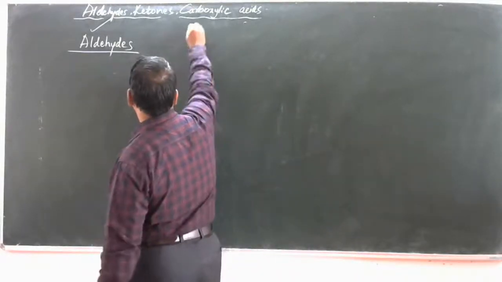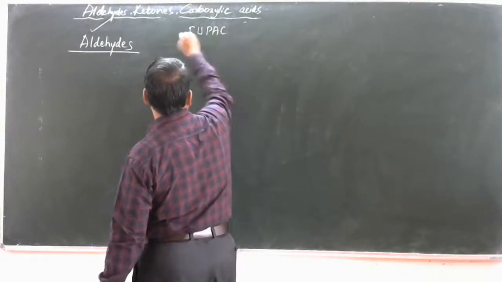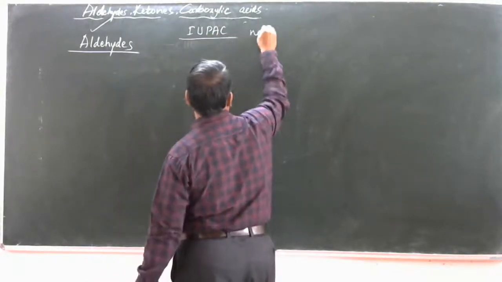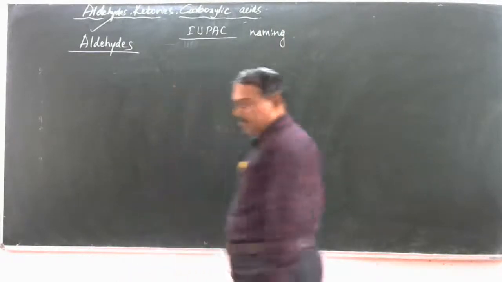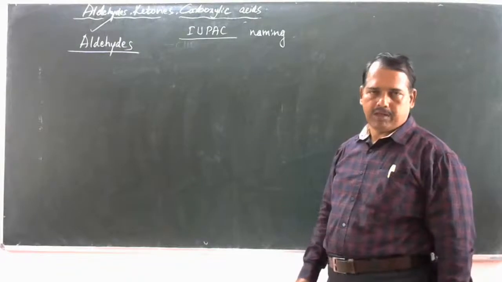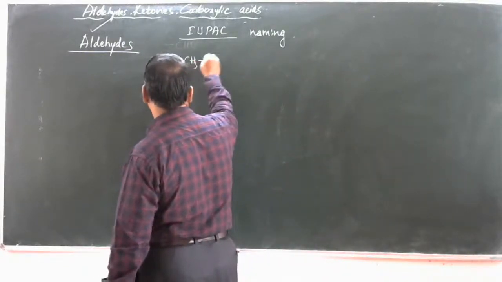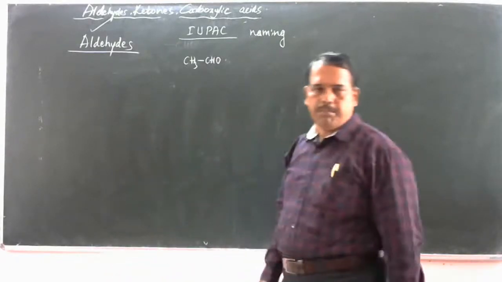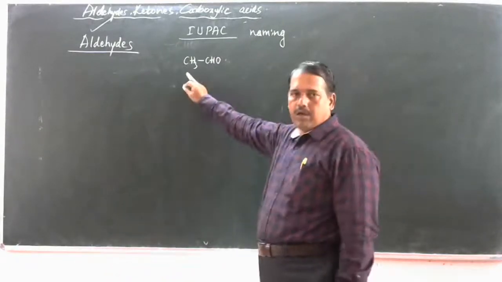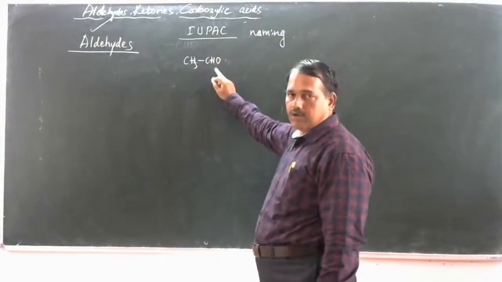See, IUPAC naming. In the International Union of Pure and Applied Chemistry system, say CH3CHO, a simple hydrocarbon where one of the hydrogen atoms is replaced by an aldehyde group.